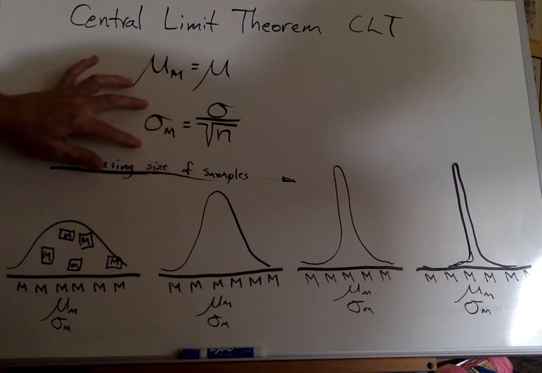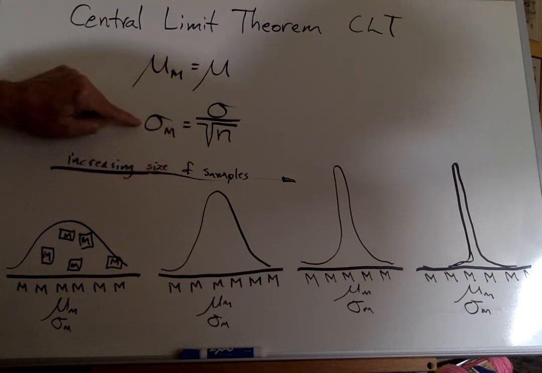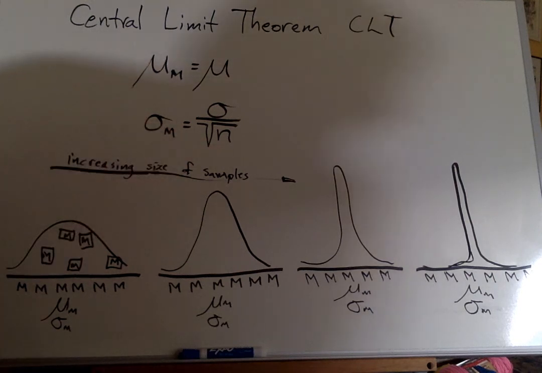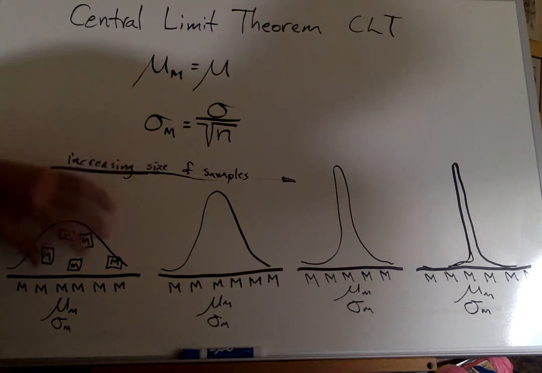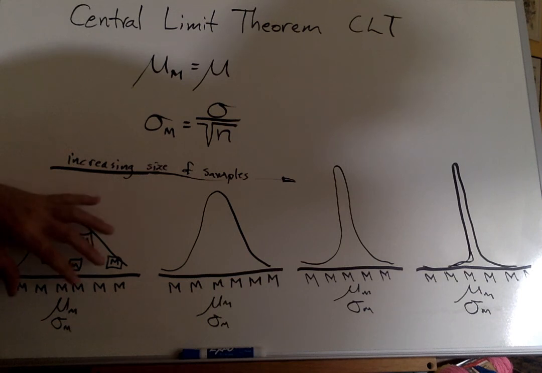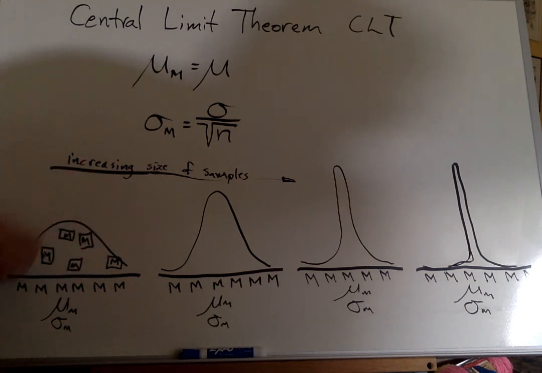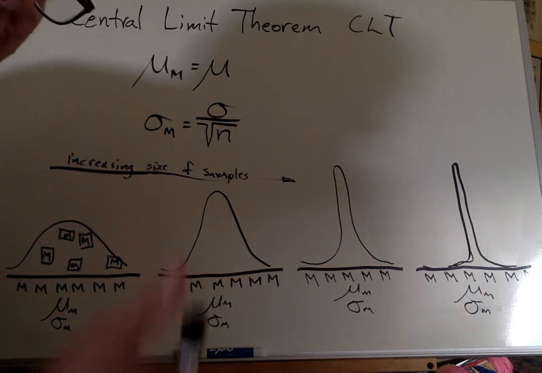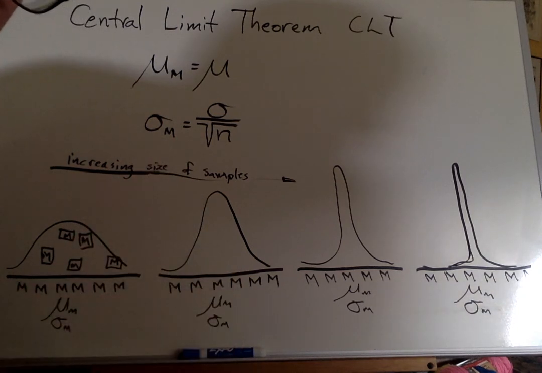What this tells us is the standard deviation of a sampling distribution of sample means will get smaller as the sample size gets larger. Okay? The standard deviation of the sampling distribution of sample means will get smaller as the sample size gets larger.